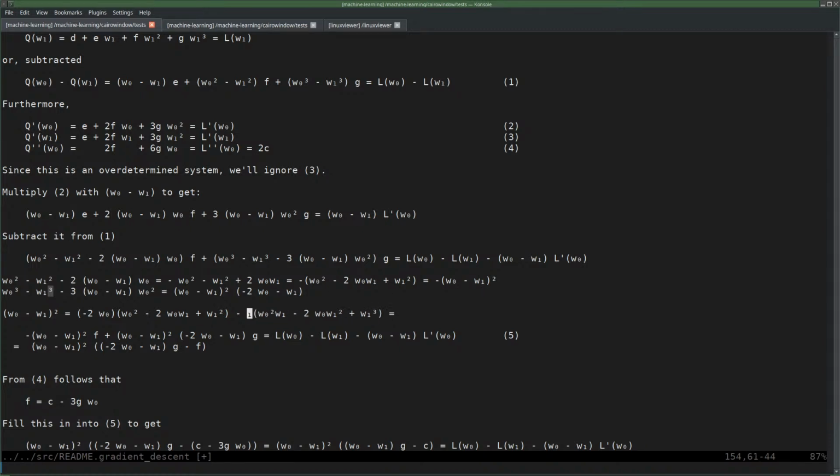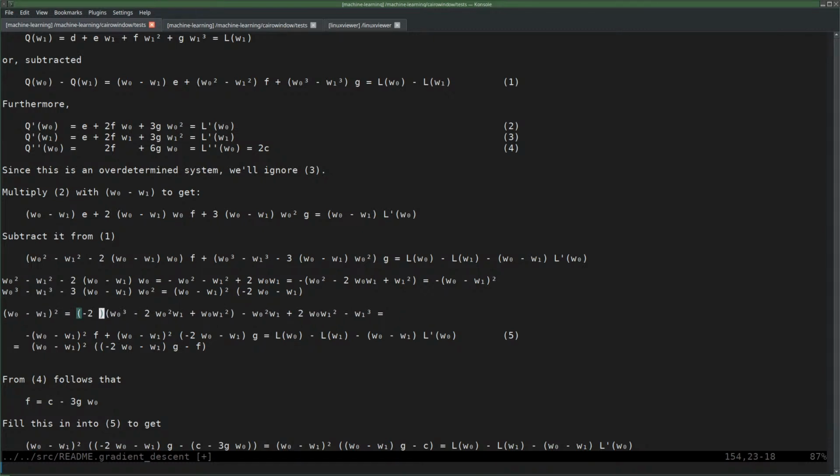That's the W1. And then the minus means that this becomes a minus, and this becomes a plus, and this becomes a minus. And here we have the W0, so this becomes to the power 3, this becomes to the power 2, and this becomes W0 times that. Then the W0 has been put in there.